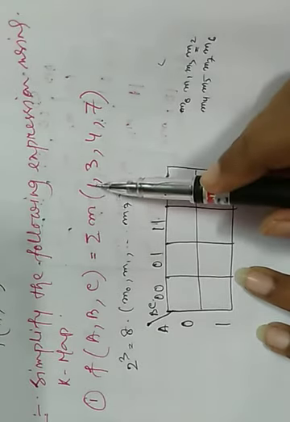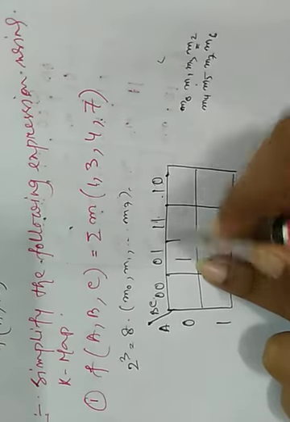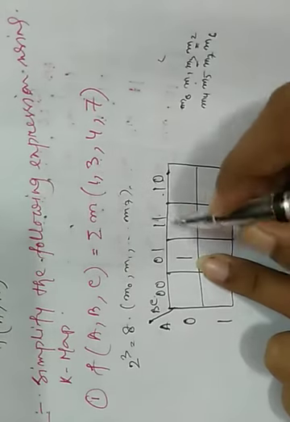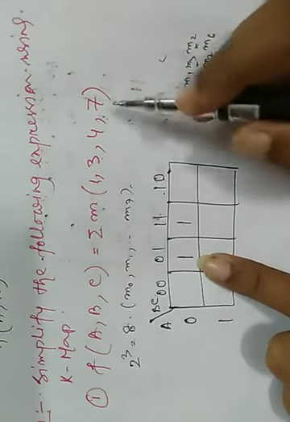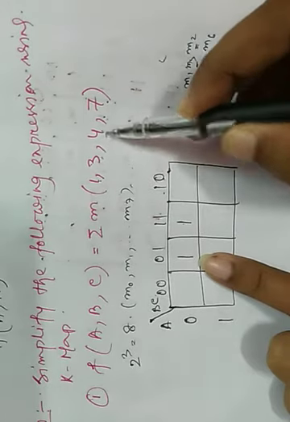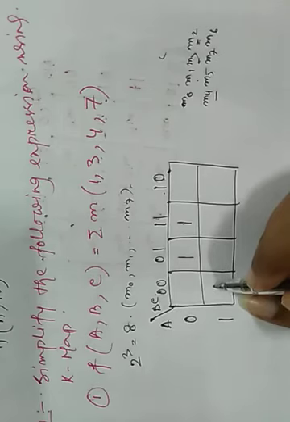Now we put the value 1. 1 means M1. For 3, that means M3. This is M3, put 1. Sorry, M4. M4 means this first value.